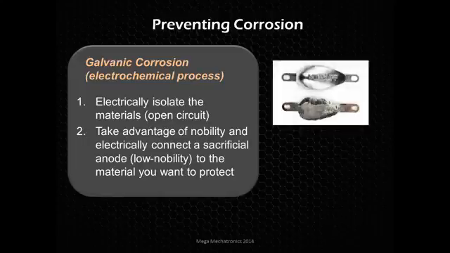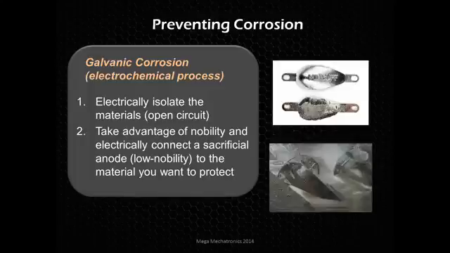So here's an example of a zinc anode that you would install on an outboard engine. And here is a hot galvanizing process where they're making basketball goalposts for schools or something that are going to be out in the weather, so that zinc coating will erode over time and protect that base metal.